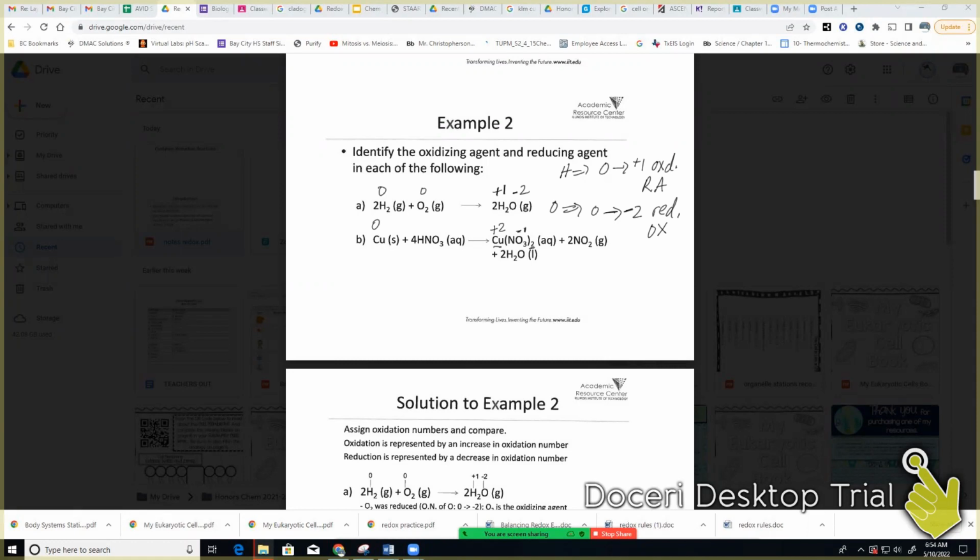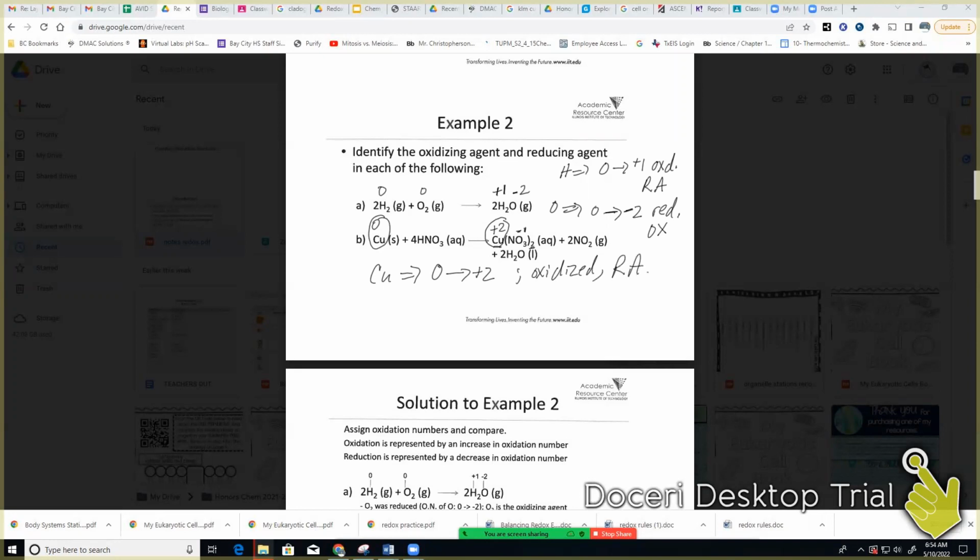So I have a total of -2, which means my copper had to be a +2. So that's my first thing that I'm going to look at. Copper goes from a 0 to a +2. So its oxidation number increased. So it was oxidized, which means it's the reducing agent.